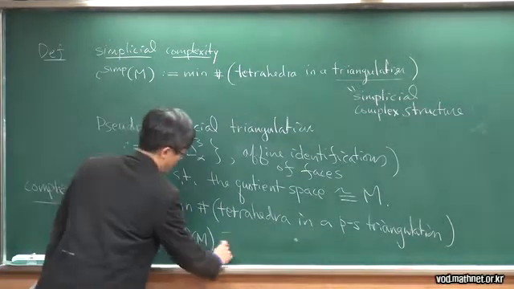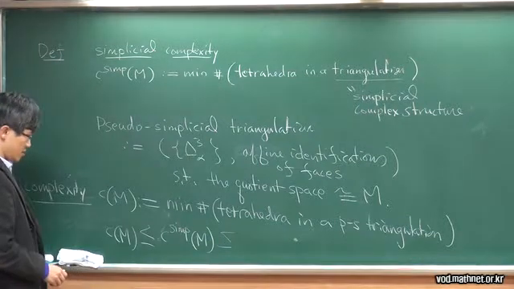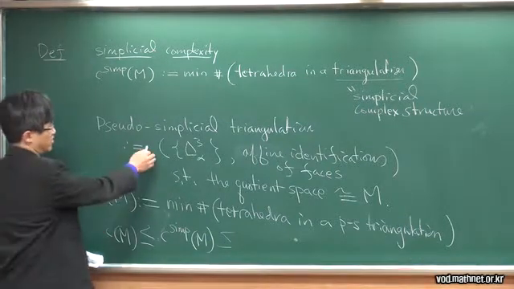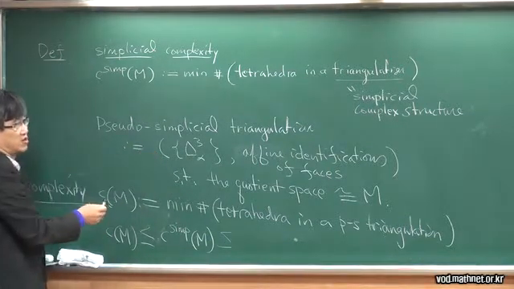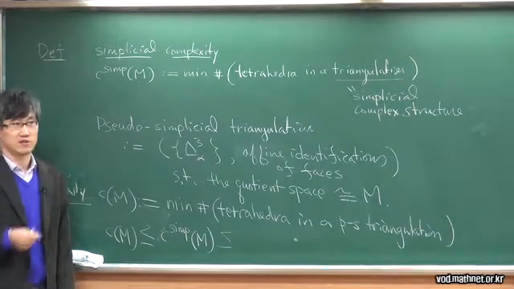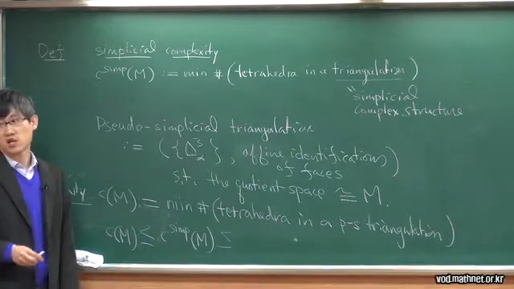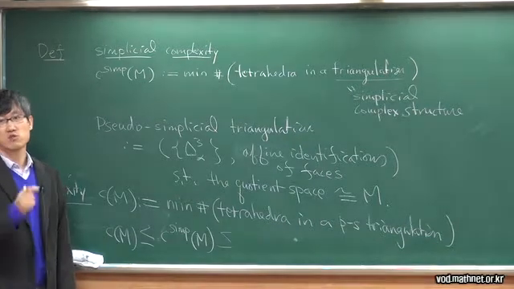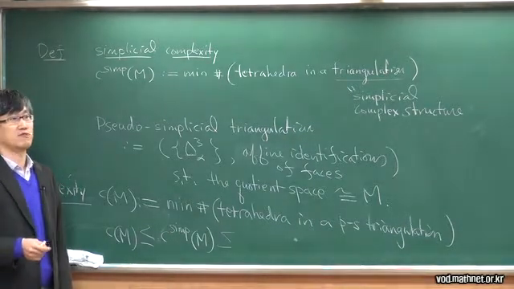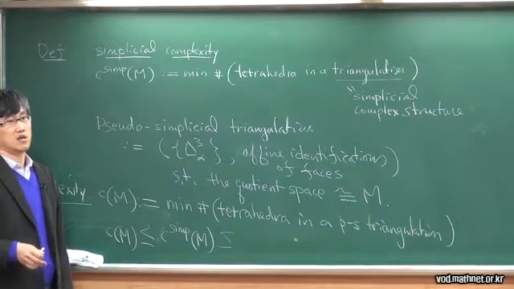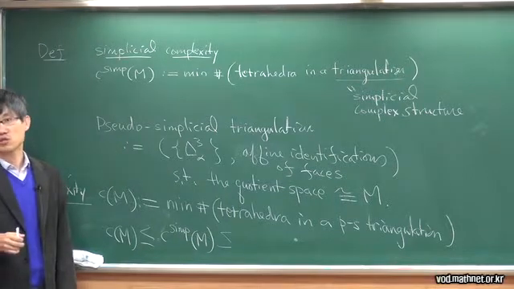And we also have another inequality. If you have this relaxed version of triangulation, then you can subdivide it to make it a correct simplicial complex. It turns out that if you take the second barycentric subdivision, then you will get a simplicial complex structure.